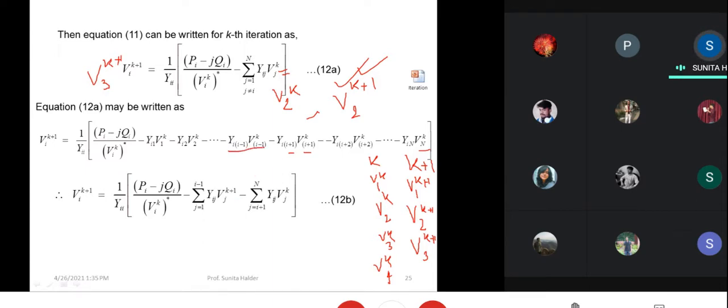When we are calculating for the ith bus, up to i minus 1 all the updated bus voltages are known. So instead of k, we write k plus 1 for j equal to 1 to i minus 1. From i plus 1 to n, updated values are not known, so we have to go with the previous value. So equation 12a may be modified as equation 12b. Understood this?